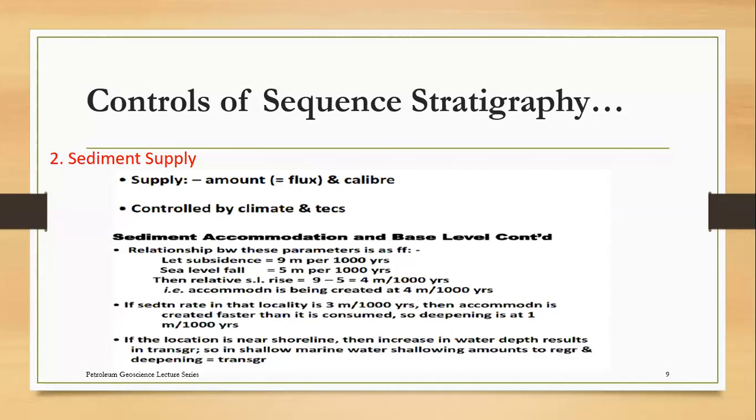And when the reverse is the case, that's when the sedimentation rate is higher than the rate of accommodation space creation, you also have a story. And when both of them are equal, you also have a story. Going further in the presentation, we'll still see that. It tells you generally how sediment supply controls sequence stratigraphy.